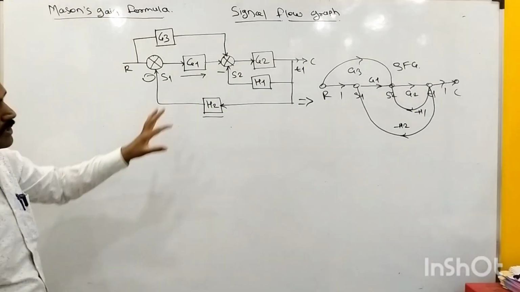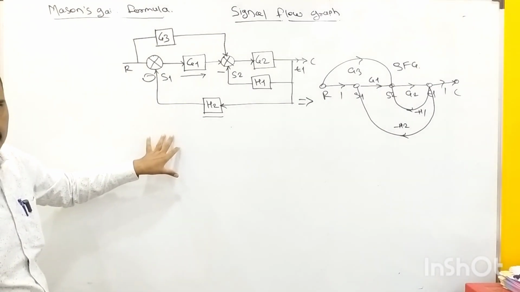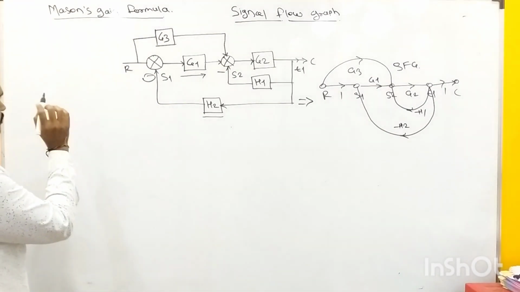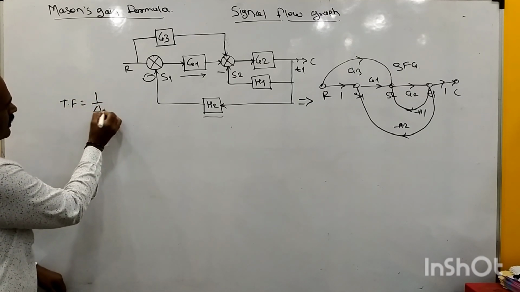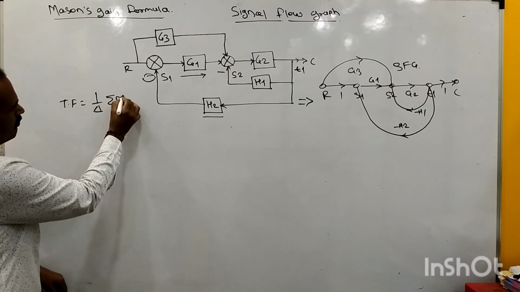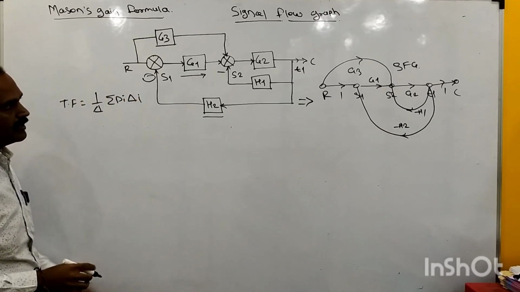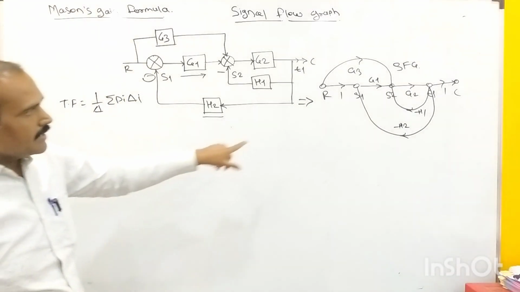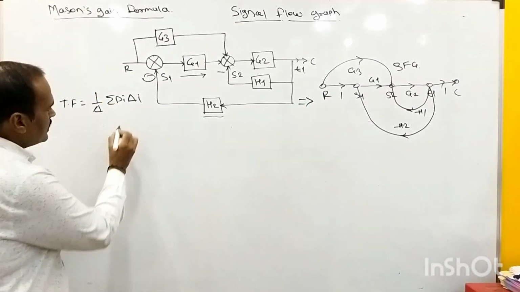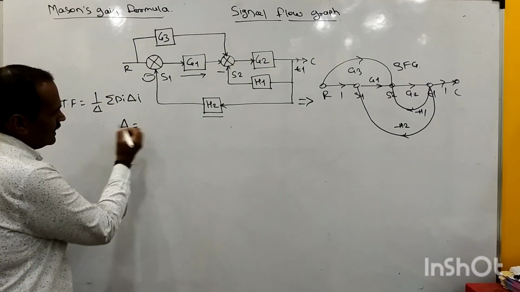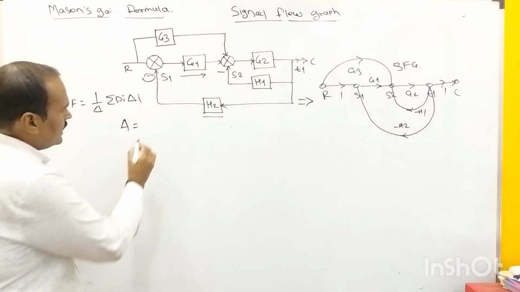So according to Mason's gain formula, first of all, the formula is like this. Here I will write transfer function equals 1 over delta into summation of Pi into delta i. Already I told you that, right? So from this signal flow graph representation, now we are supposed to determine the system determinant delta, right? So what does this delta stand for?